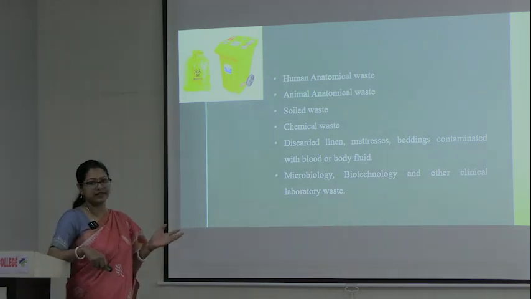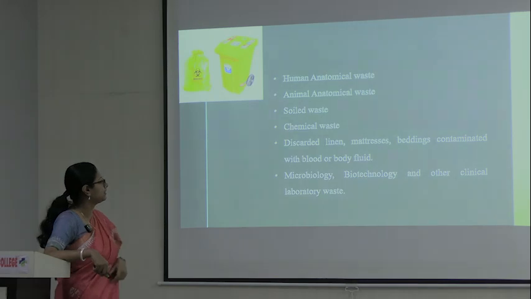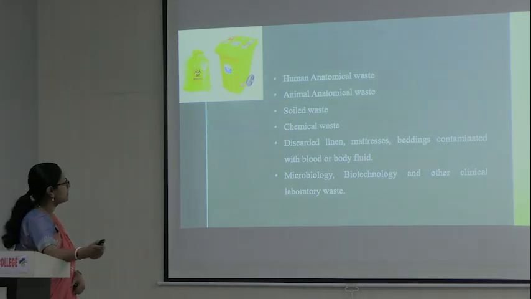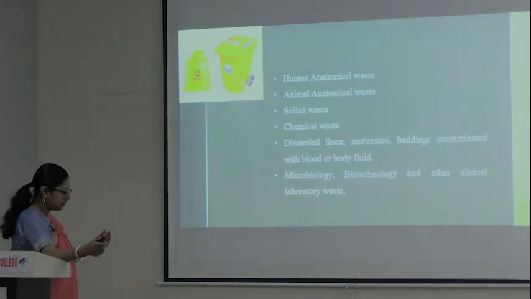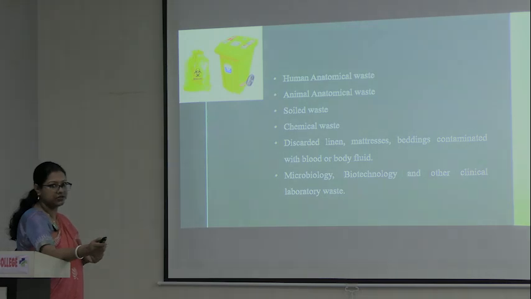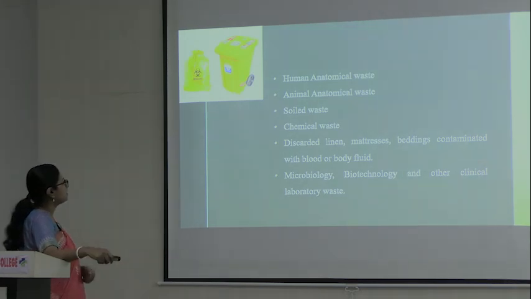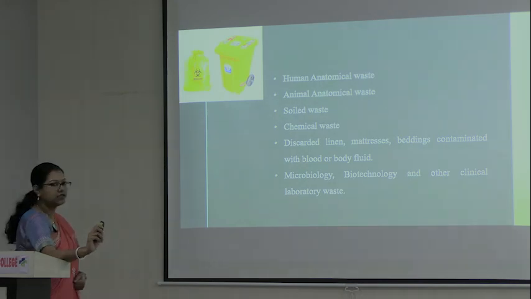All this soiled waste will also go into the yellow bag. Chemical waste, like I told, maybe the vaccine which is not used. Then discarded linen, mattresses, beddings contaminated with blood or body fluid, microbiology, biotechnology and other clinical laboratory waste. So all these things will go into the yellow bin.